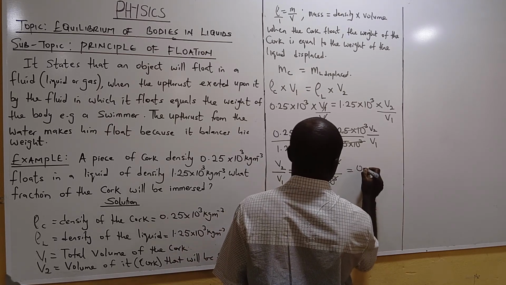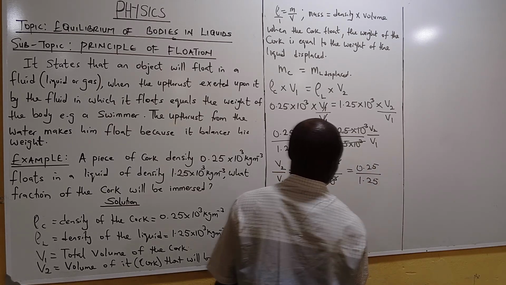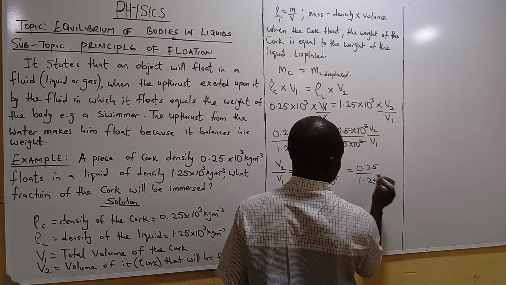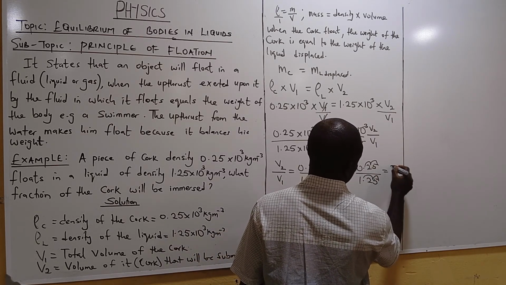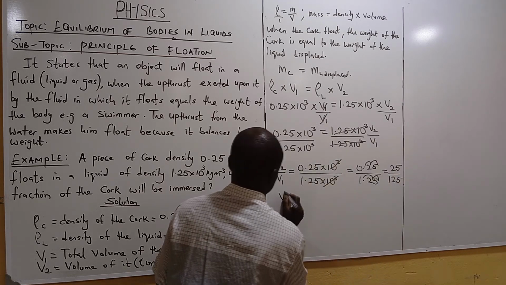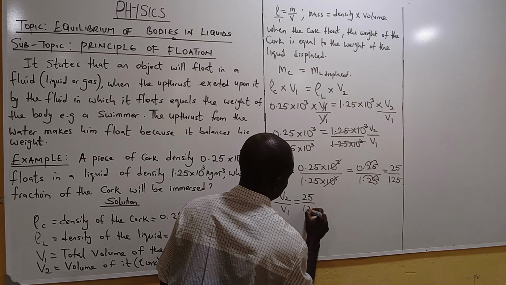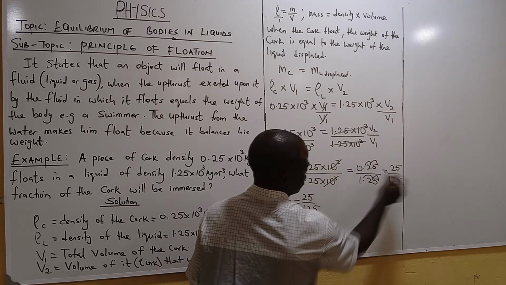You are left with 0.25 over 1.25. When you divide that, okay, let's shift. When you shift 1, 2, you shift 1, 2. You have 25 over 125. V2 over V1 equals 25 over 125. Because I shifted 2 times, the decimal disappeared.